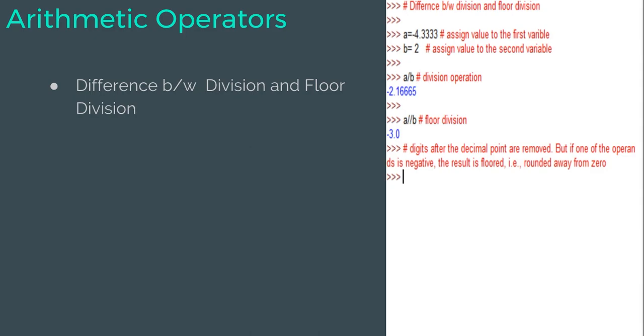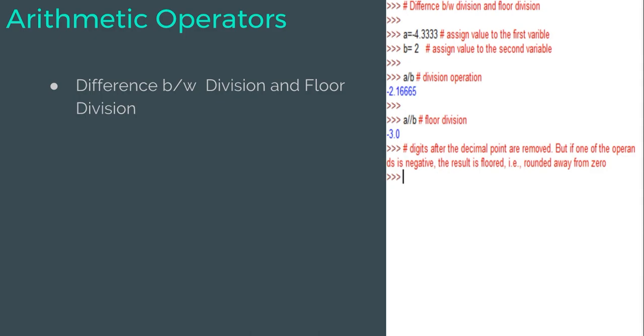Take the value of a is equal to minus 4.33 and the second variable b is equal to 2. When you take the division operation, a divided by b, the answer will be minus 2.16665. When you perform the floor division operation, a floor division b, meaning minus 4.3333 floor division by 2, the answer will be minus 3.0.